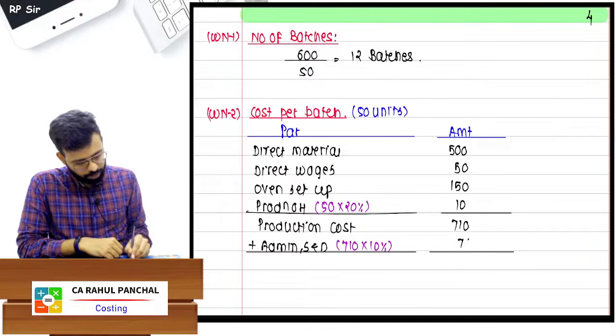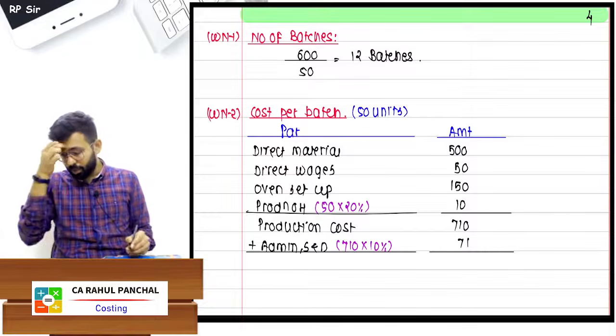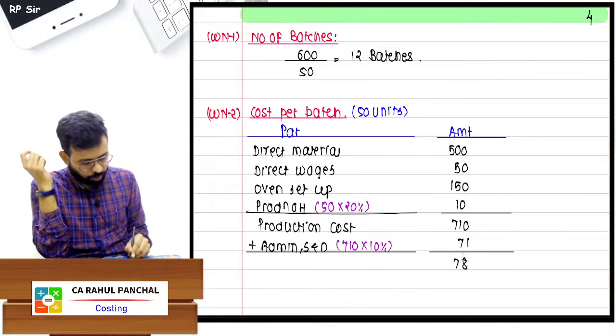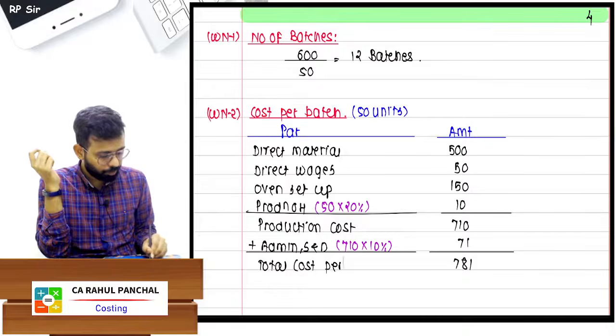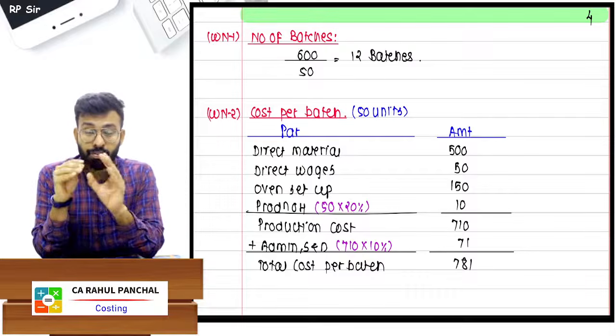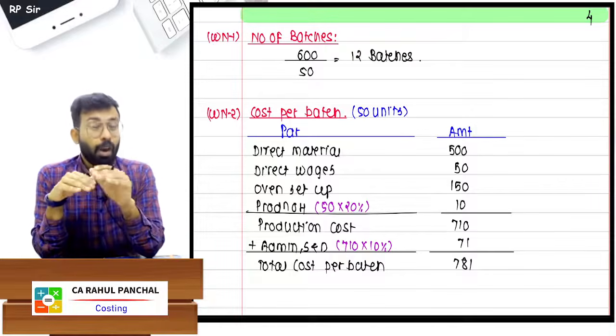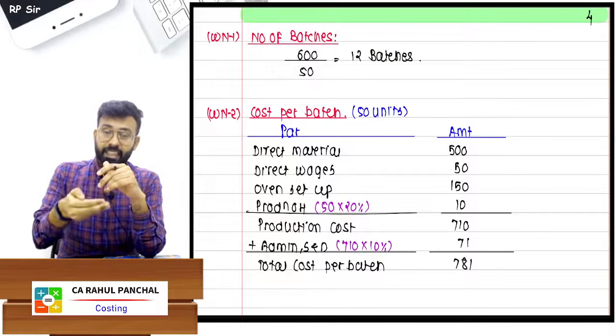That will be 71. Once you add that, 710 plus 71 becomes 781. This is your total cost per batch. So for one batch of 50 muffins or 50 units, we have to incur 781 rupees.